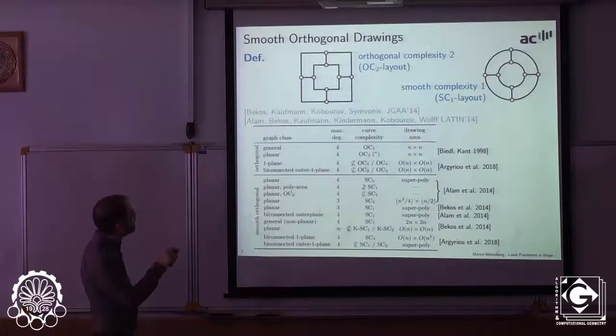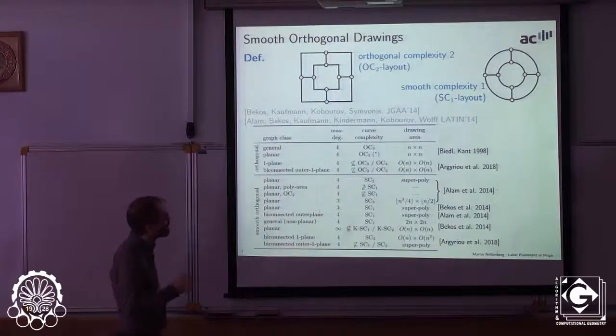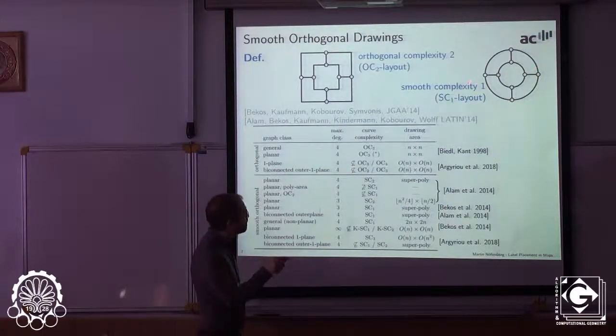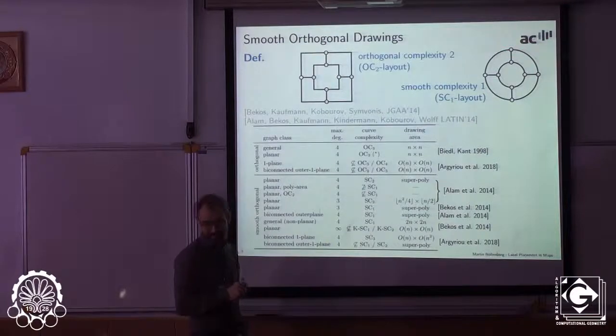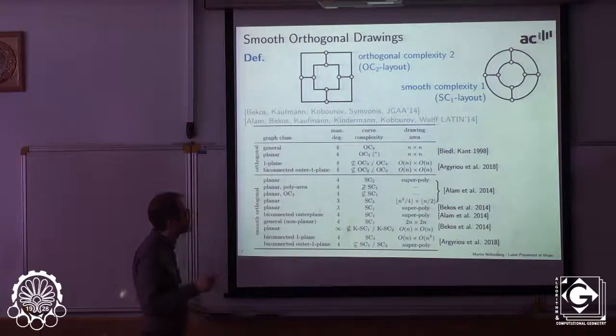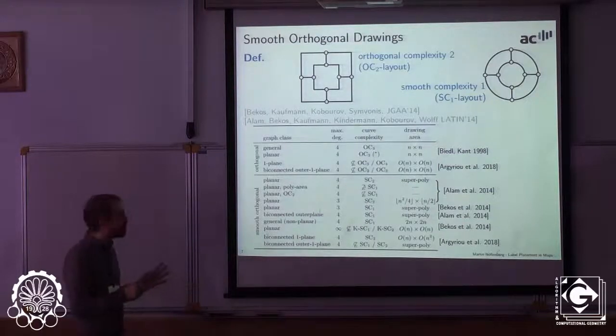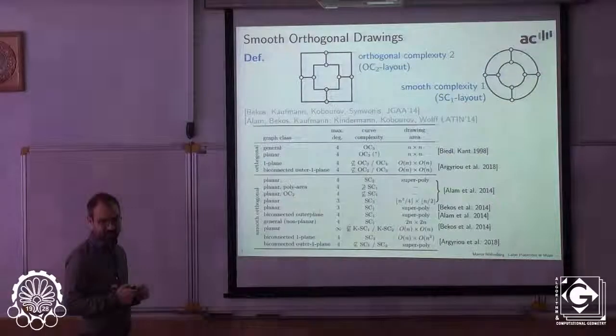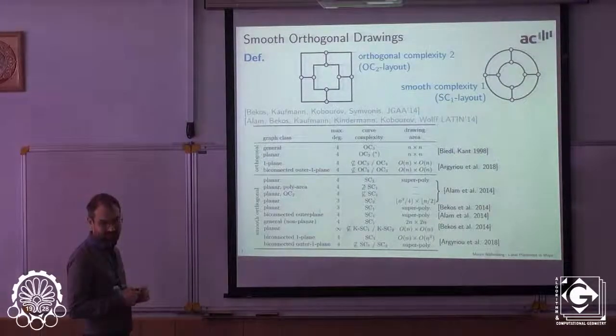So this would be an OC2 layout, because here actually almost all edges consist of 2 segments. The same graph you can show with smooth complexity 1, so an SC index 1 layout, because every edge is now a single circular arc or single straight line segment. These have been studied in a series of papers, first for planar graphs, and then more recently they have been adapted for also non-planar graphs where you have some crossings. Okay?